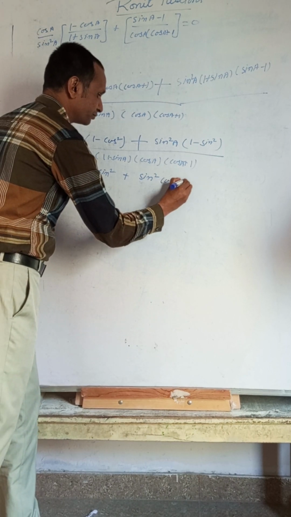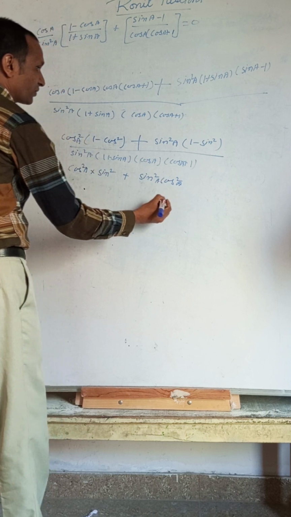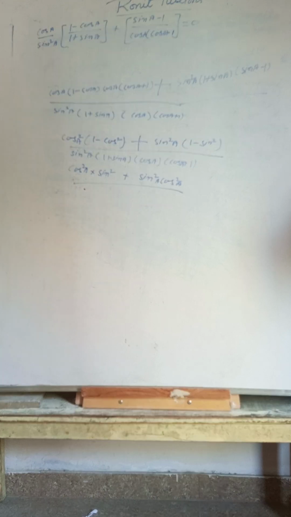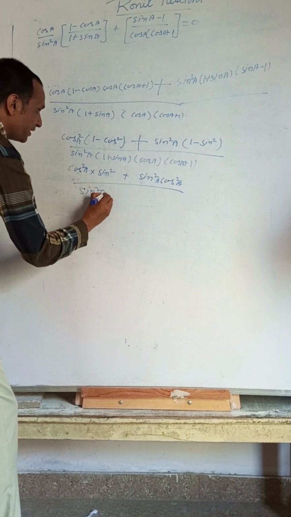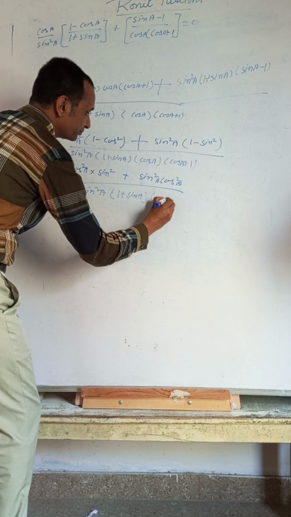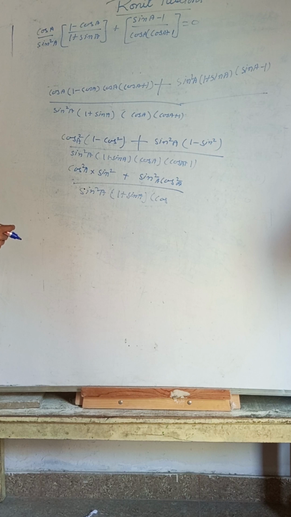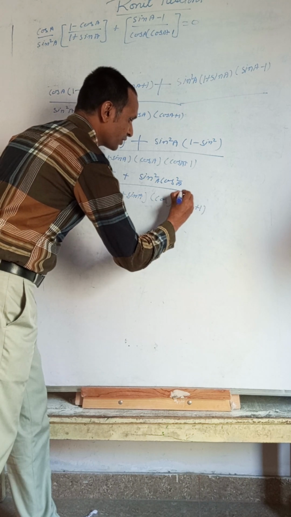Cos square, cos square, by as it is this one, sin square A into 1 plus sin A into cos A plus 1, as it is written.